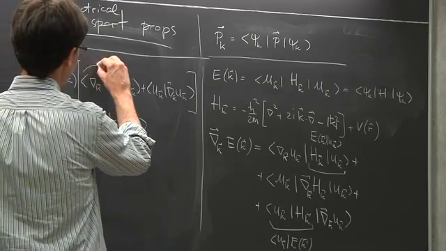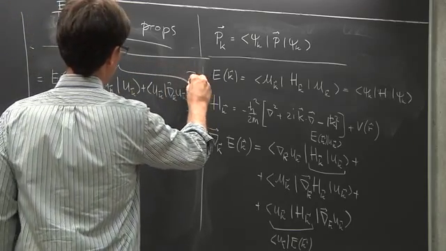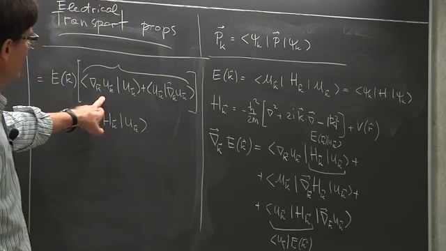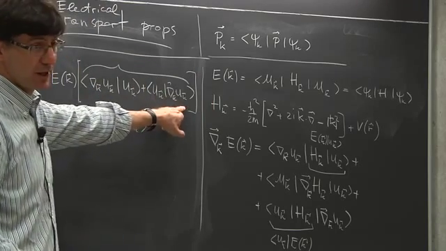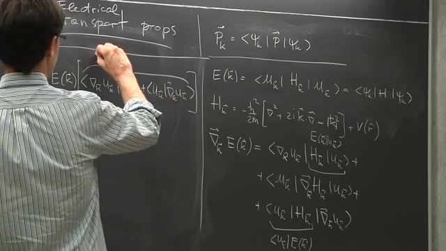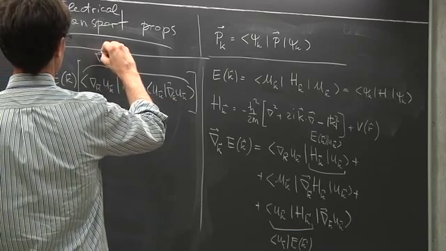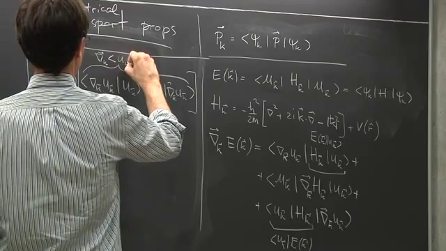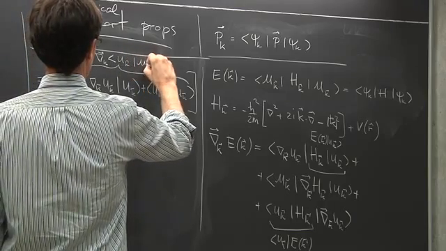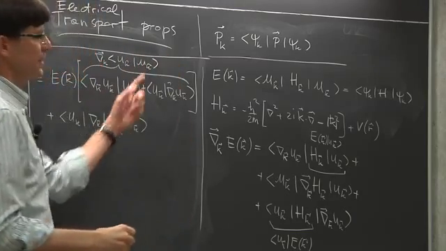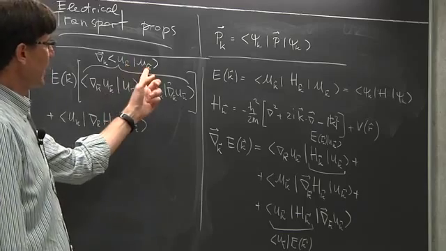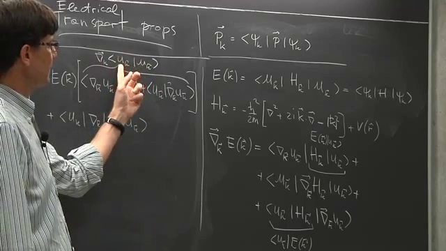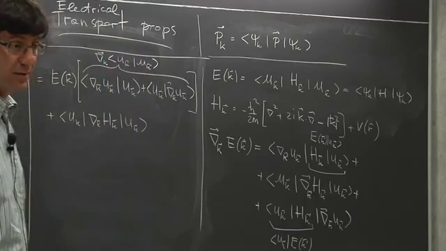What can I say about this term now? The gradient of u of k with u of k plus u of k with the gradient of u of k. I can say that this is the gradient of the inner product of u of k with u of k, right? I just take the gradient. This is the function of 2 functions which depend on k. So I just take the gradient inside the first one first and inside the second next.